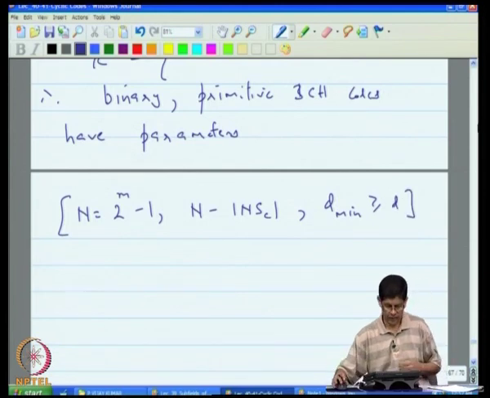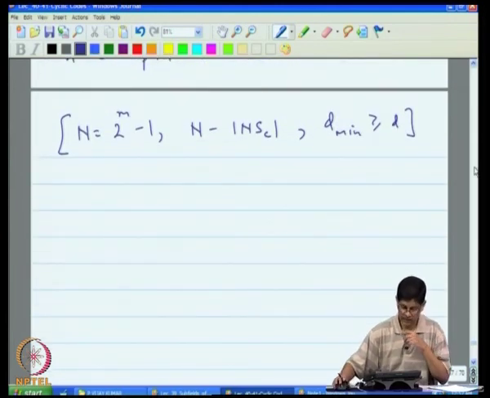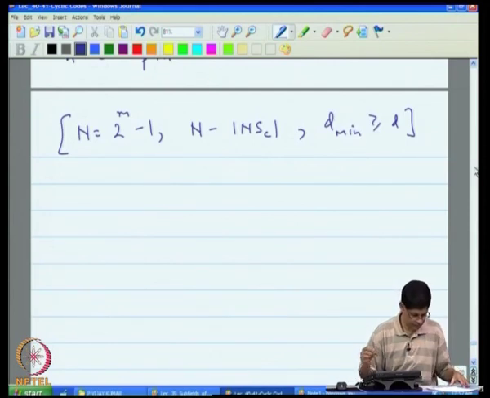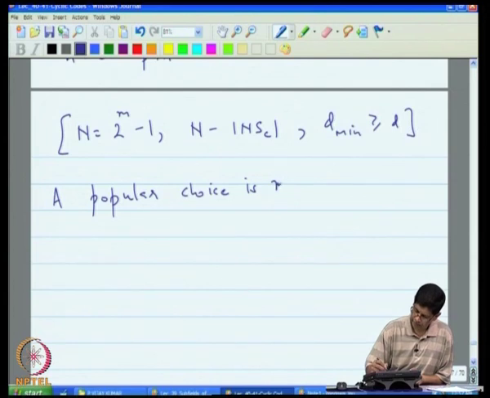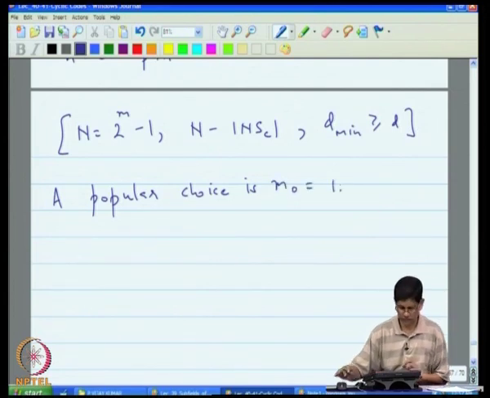Okay. Now, it turns out that a popular choice is m naught equal to 1.